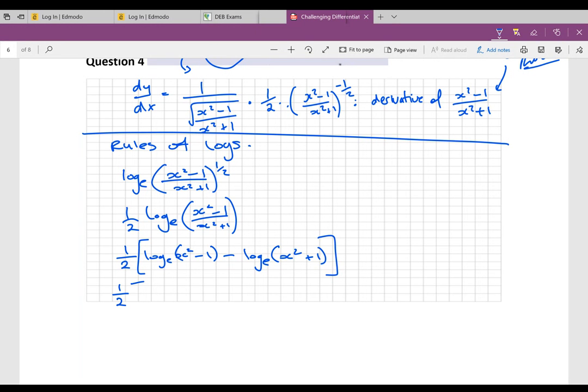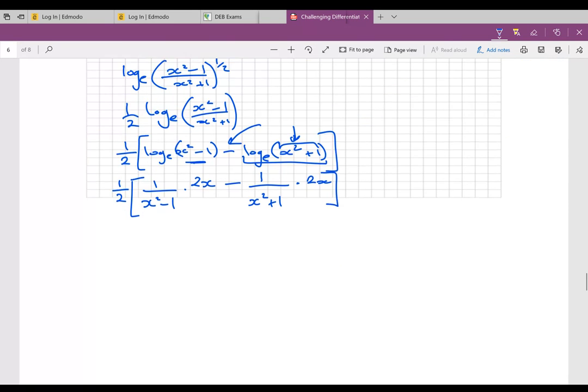So a half times 1 over x squared minus 1 multiplied by the derivative of this, which is 2x, minus, so this isn't product rule here, there's a minus sign, so I'm just differentiating the two sides separately. Then to differentiate this, it's going to be 1 over x squared plus 1 multiplied by the derivative of this in here, which is 2x.